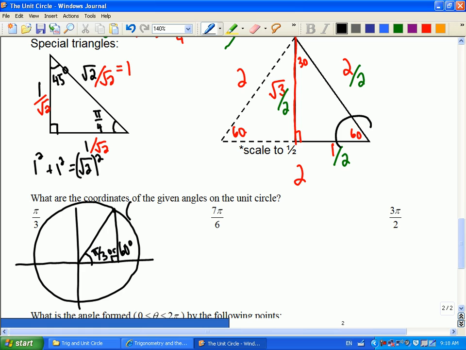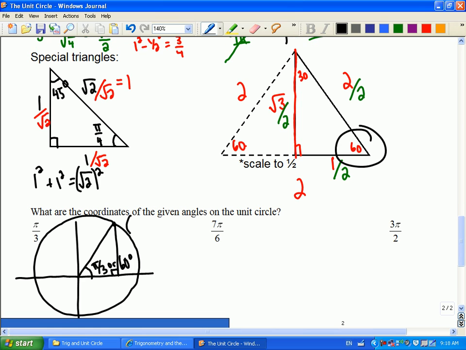Here's a triangle with 60 degrees. So what would be the point on the unit circle if I was at 60 degrees? I would go 1/2 over and root 3 over 2 up. Here's the 60 degrees. I go over 1/2 and up by root 3 over 2.